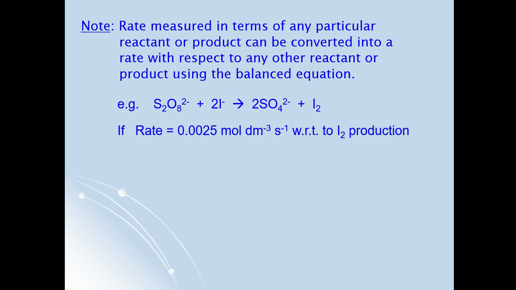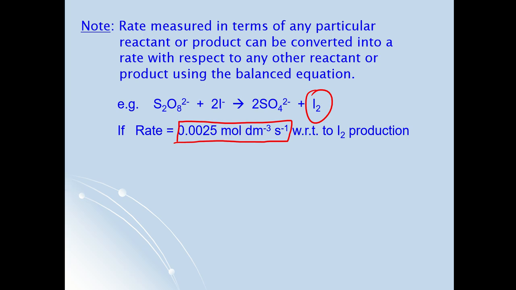So for example, in this particular equation, we have worked out that the rate with respect to iodine, okay, is 0.0025 moles per decimeter cubed per second. So we've carried out our experiments, okay, change in concentration over time, okay, and we have worked out that the rate at which iodine is being made in that experiment is 0.0025 moles per decimeter cubed per second.